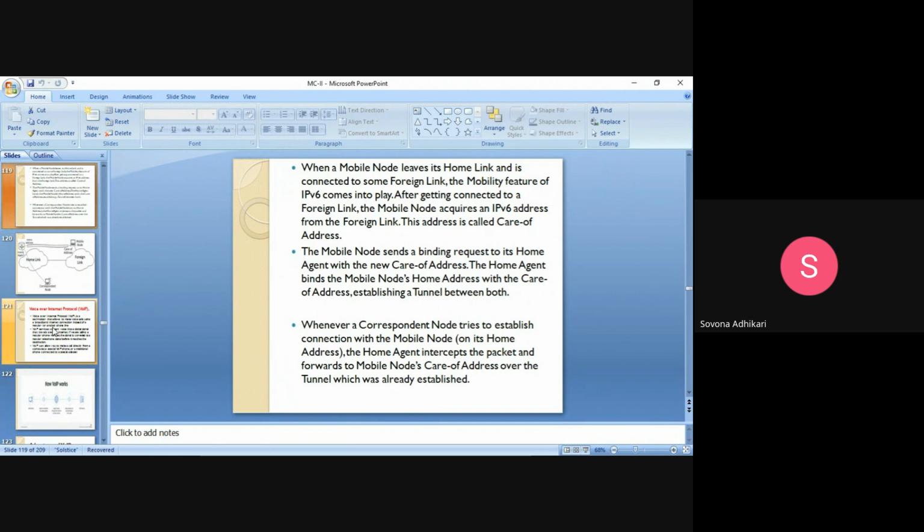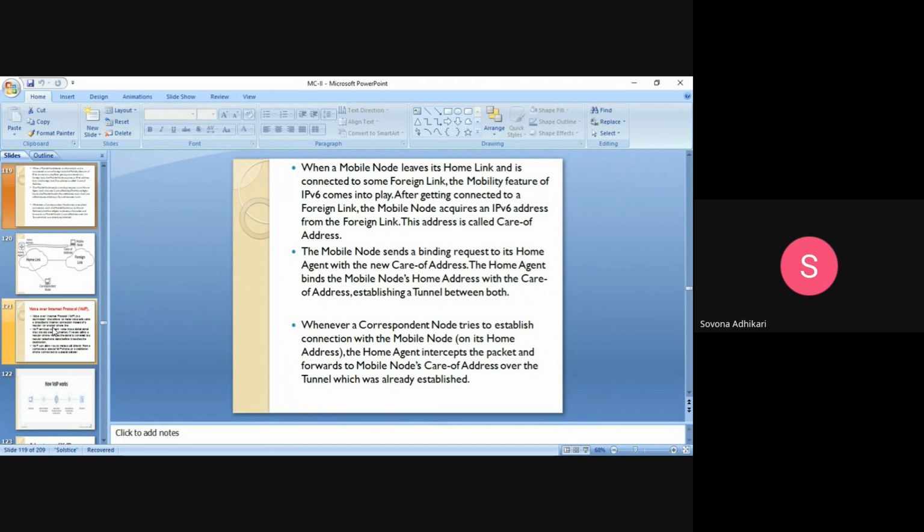So when you are in your home network, there is no problem. But when you leave the home network or home link and connect to some foreign link and enter a foreign network, now the mobility feature of IPv6 comes into play. What does it do? Let us see.